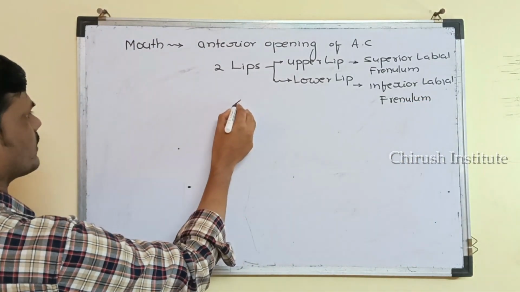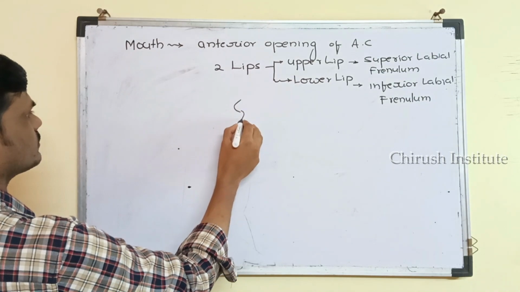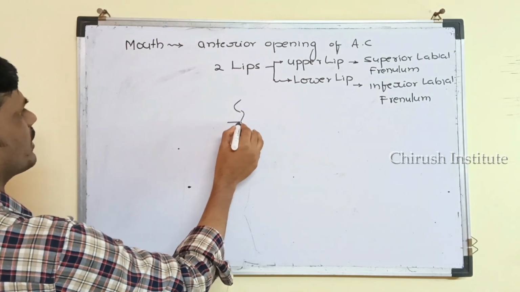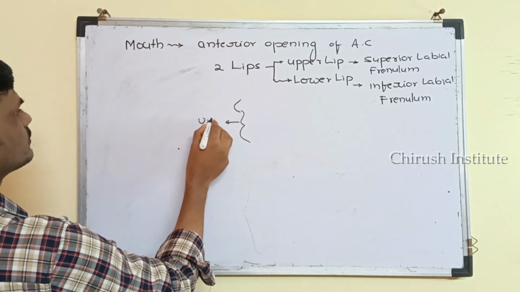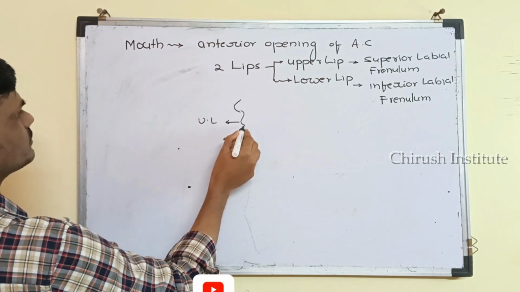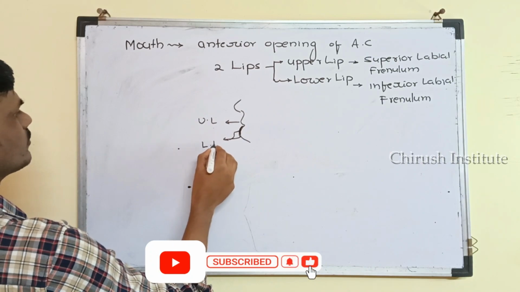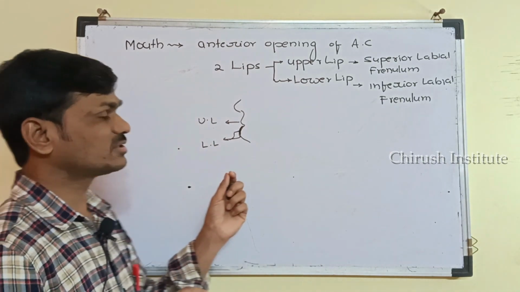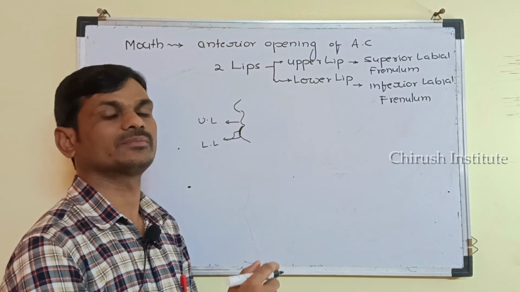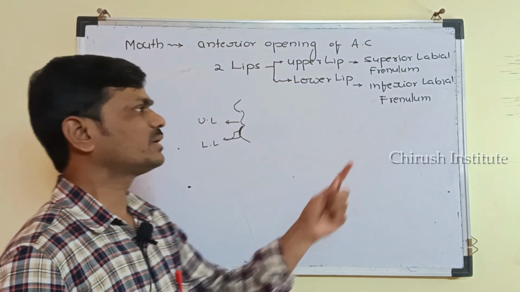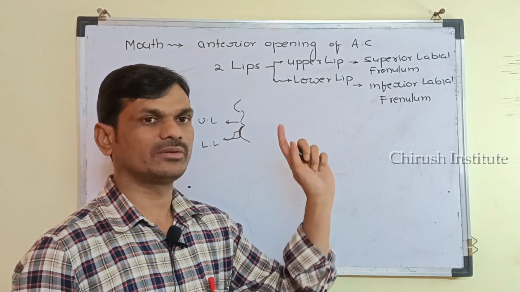So this is the upper lip, this is the lower lip. These are membrane foldings. Frenulum means a membranous folding.